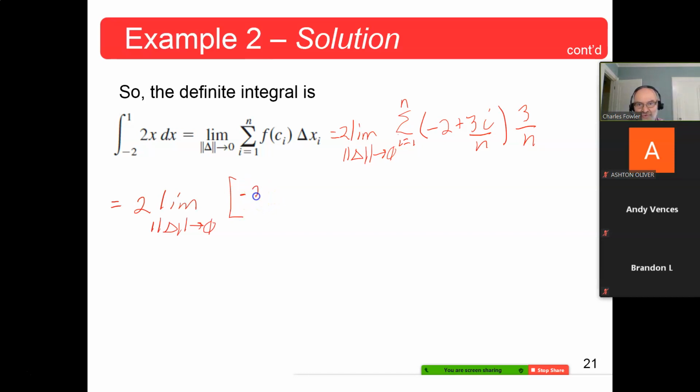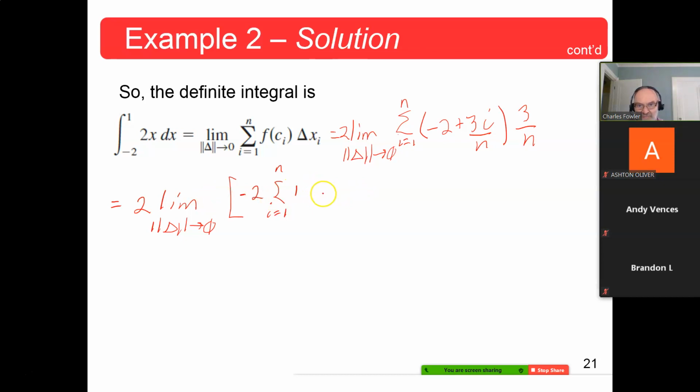The -2 is going to be on the outside, okay, times the summation, that's a pretty ugly summation sign, i equal 1 to n, of just the number 1, okay? Because we pulled the 2 on the outside.